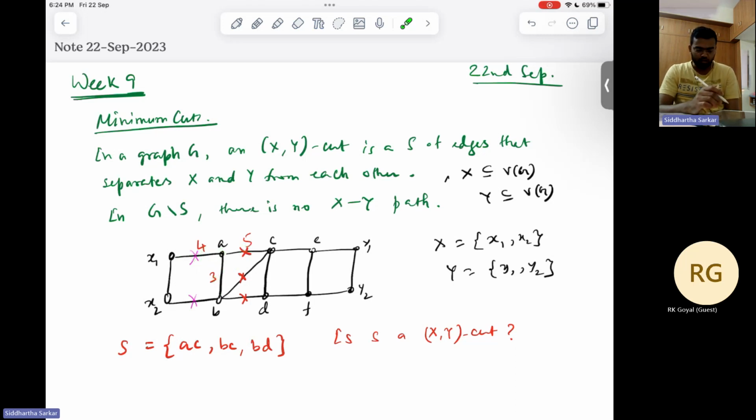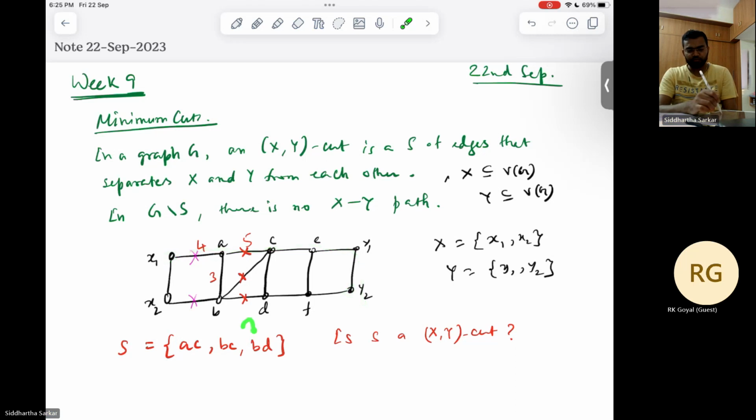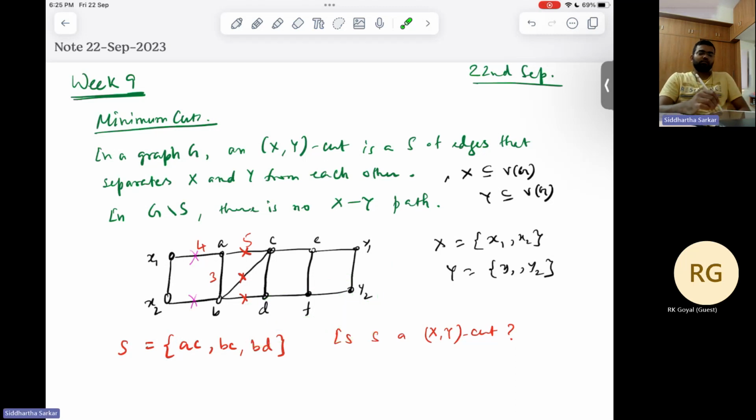That is the conservation of flow. So with these two constraints, that you have to conserve flow at every vertex and respect the capacity of every edge, what is the maximum flow you can send from a given source to a given target? That is the max flow question. And the max flow is known to be equal to the min cut.